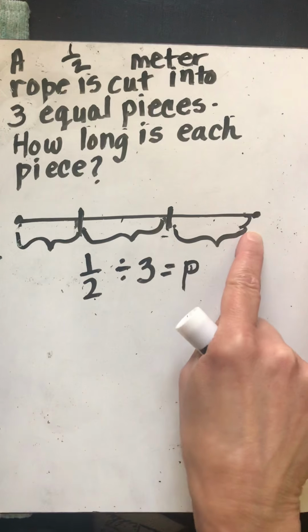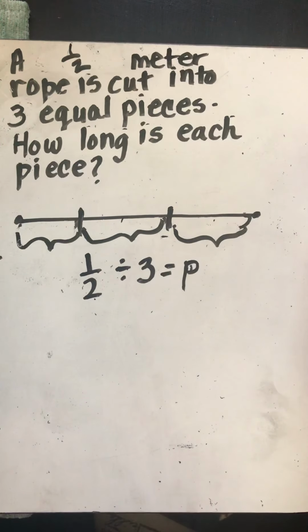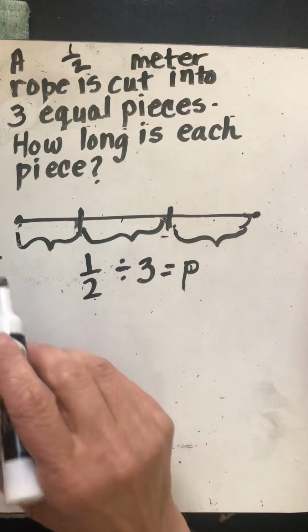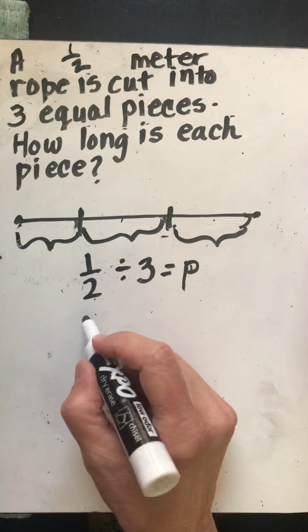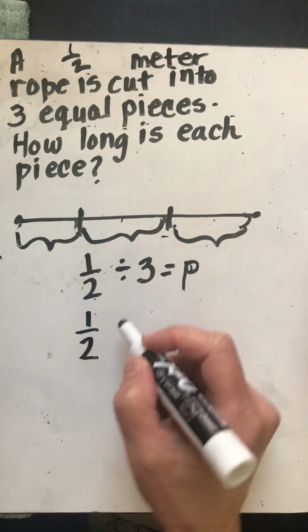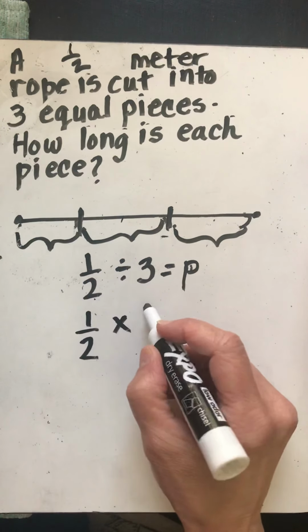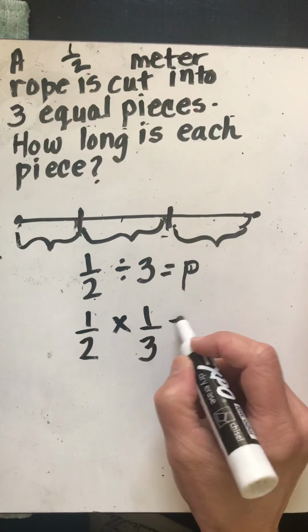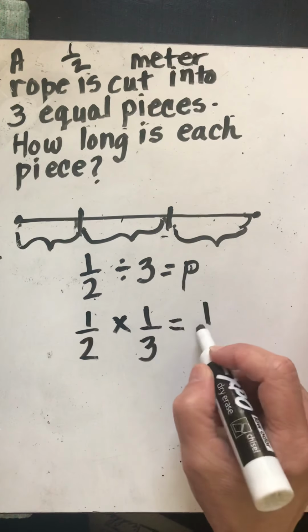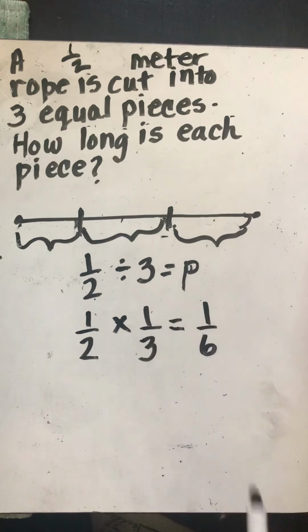And how many people remember what of means in math? Of means multiply, right? So you basically can do 1/2 times 1/3. And that is also going to equal 1/6.